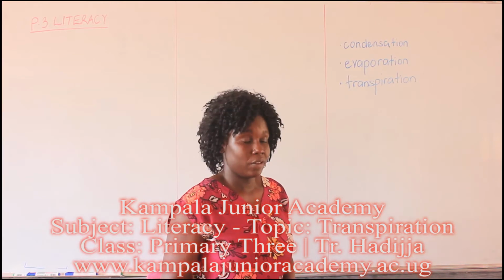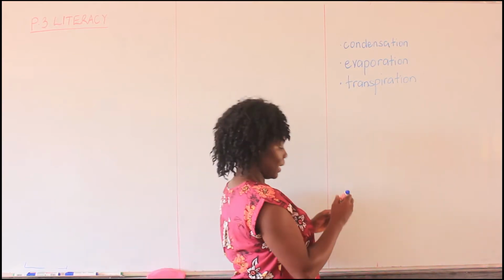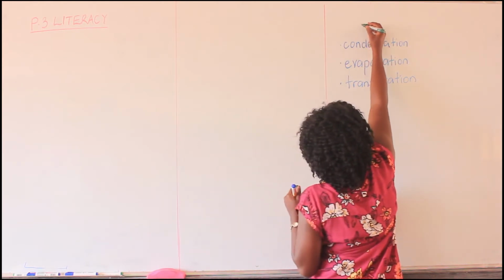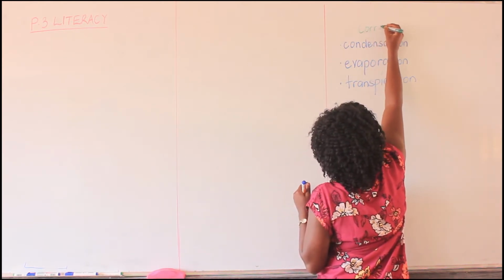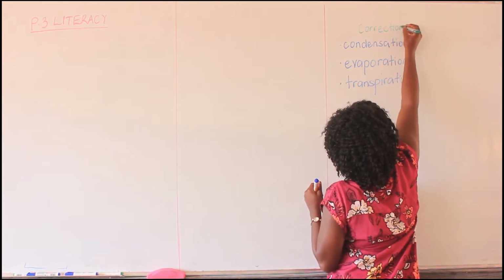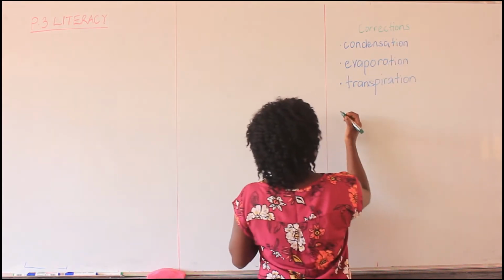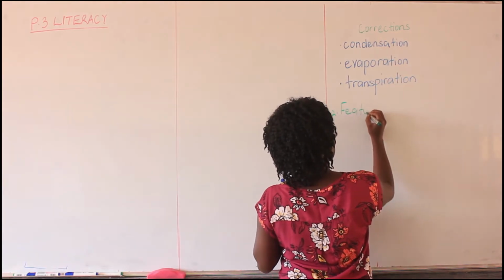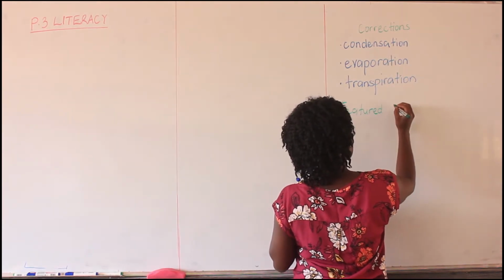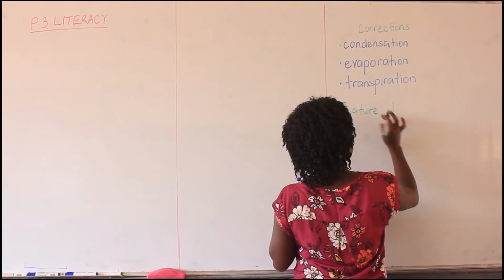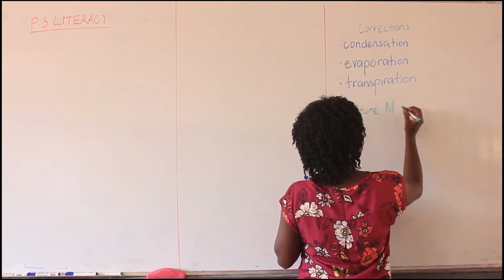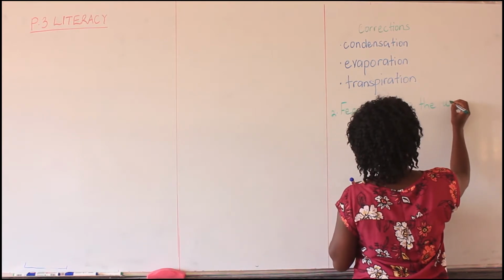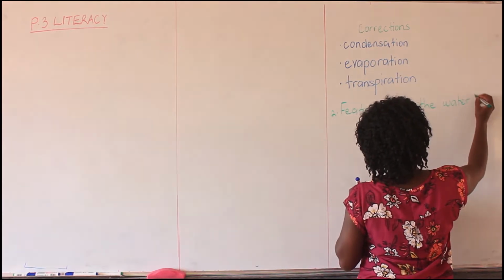Another number in the activity was feature marked M. So we can turn them into corrections. They are also working as our corrections. So another feature marked M. Number 2, feature M is the water body.